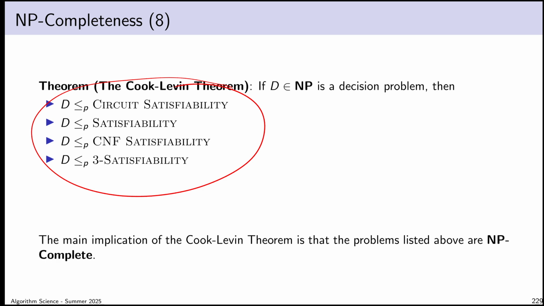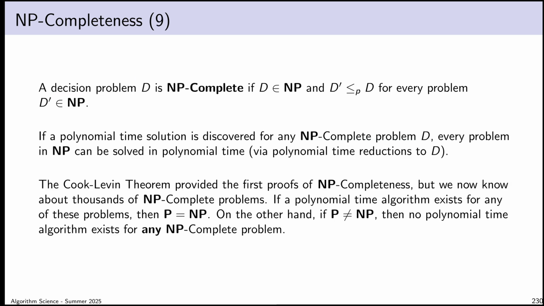The term we use for problems like that is that these 4 problems are NP-complete. They can be used to solve any problem in NP. So if we find a polynomial time algorithm for any NP-complete problem, that means that P is equal to NP. That means everything in NP can be solved in polynomial time.